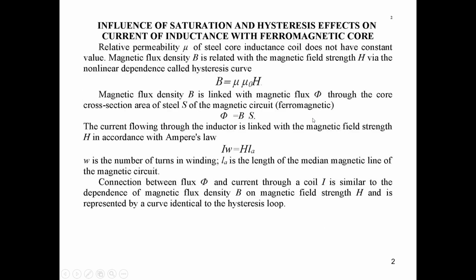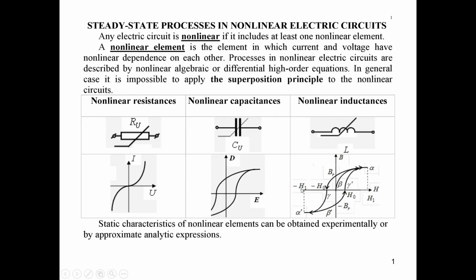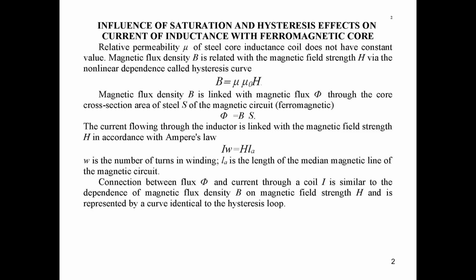In this course we will consider only hysteretic dependencies of B over H, or hysteretic dependencies of inductance, these nonlinear inductances, because it is connected with the usage of such elements, I mean ferromagnetic ones, in transformers.